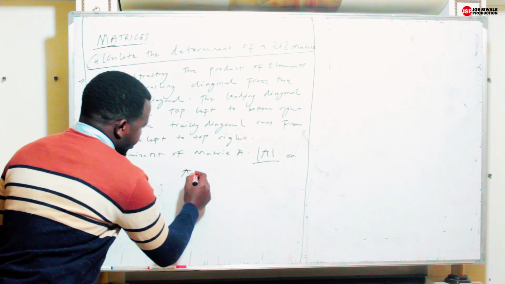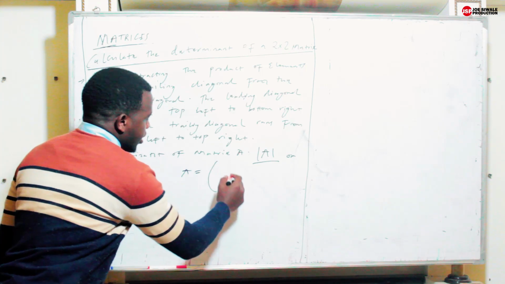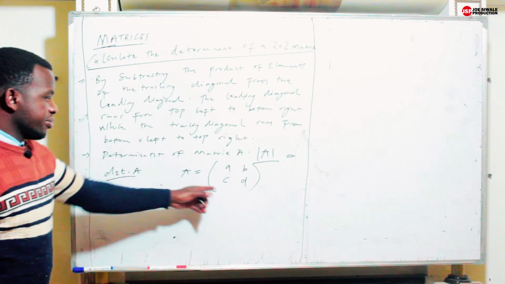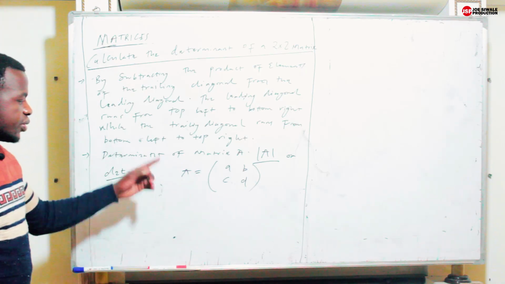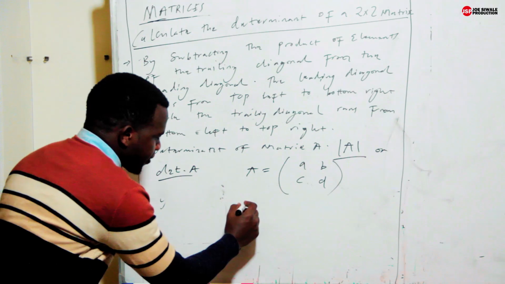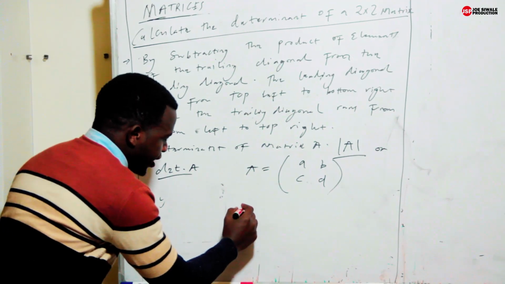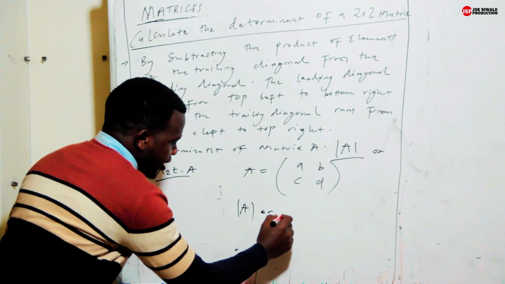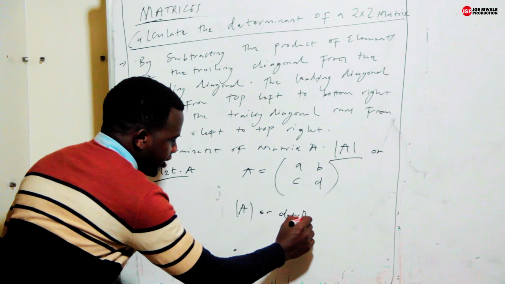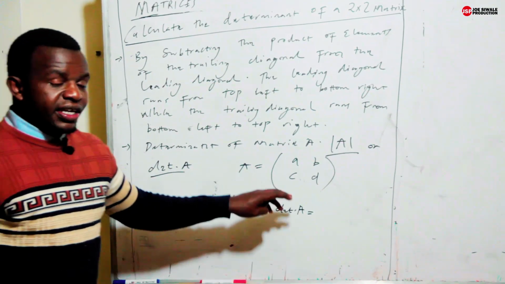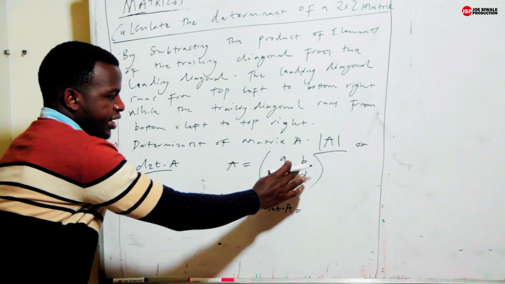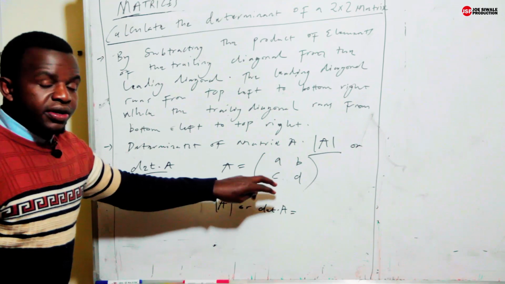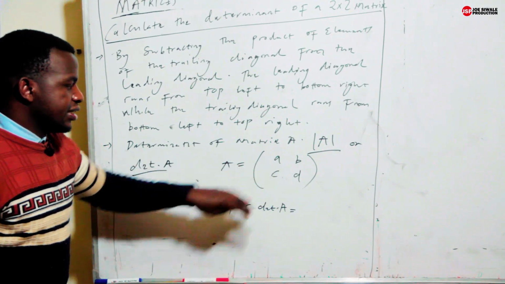If we consider we have matrix A there, and this is A, B, C, D. So this is matrix A, and you have been told to calculate the determinant of matrix A. So we can say determinant of matrix A, or det dot A, and we have said that you are going to find the product of elements in the trailing diagonal, and subtract them from the product of elements in the leading diagonal.